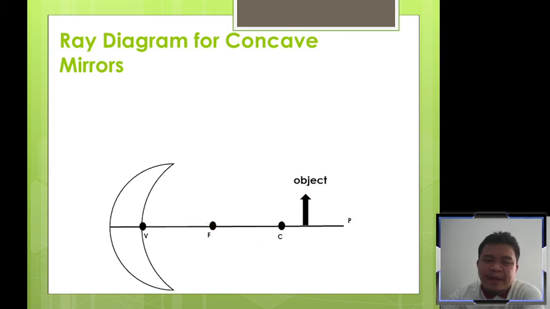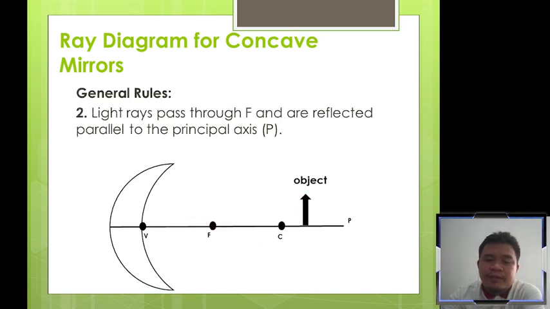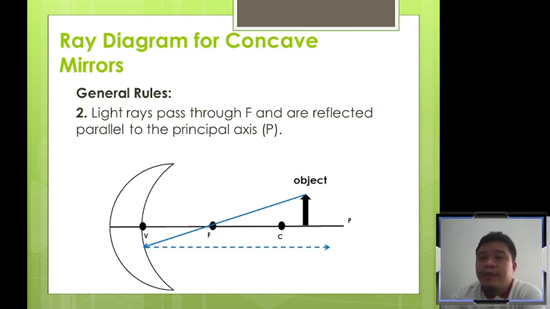Now, for number 2, light rays that pass through F are reflected parallel to the principal axis. According to this rule, the light rays pass through F from the object, and once they strike the mirror, they are reflected parallel to the principal axis. This is our rule number 2.